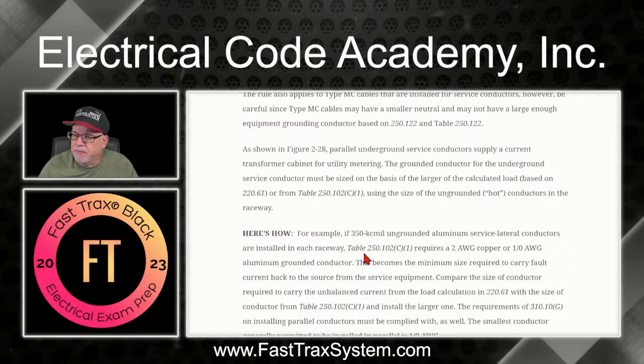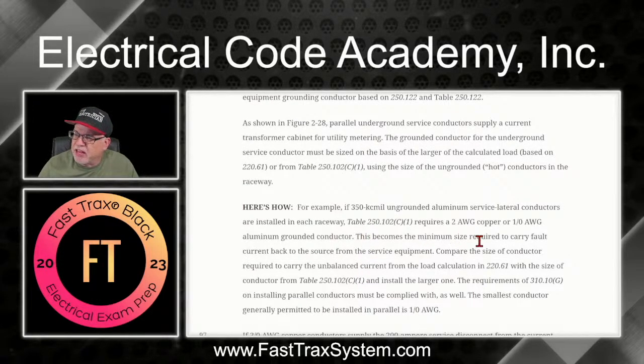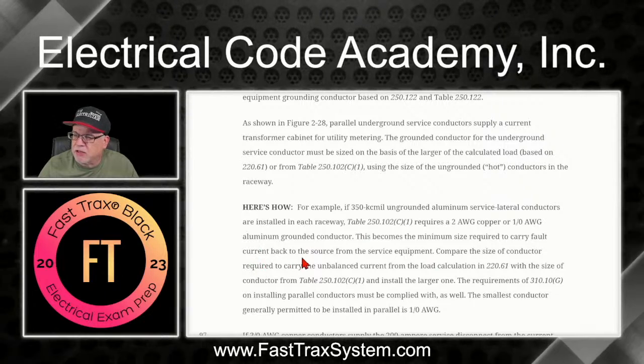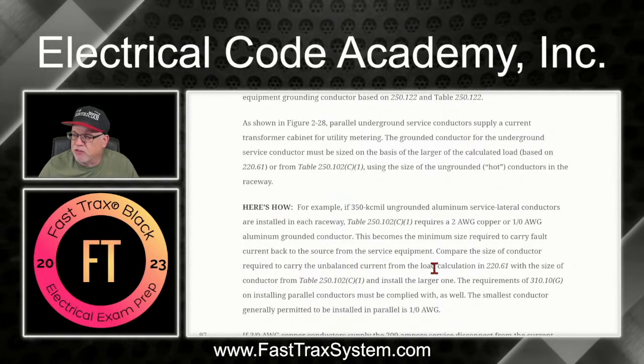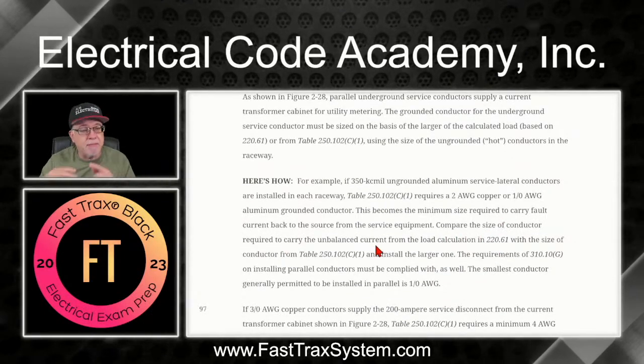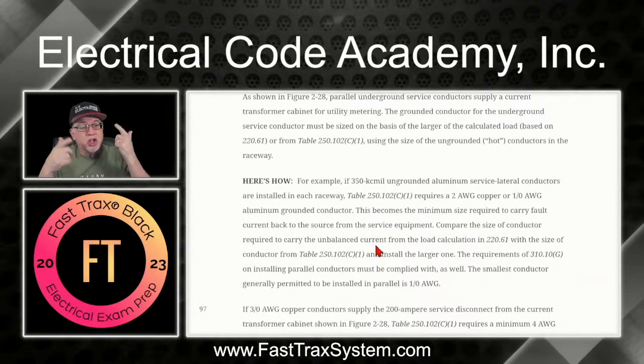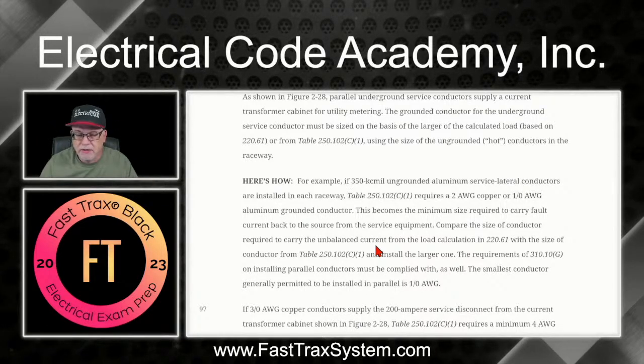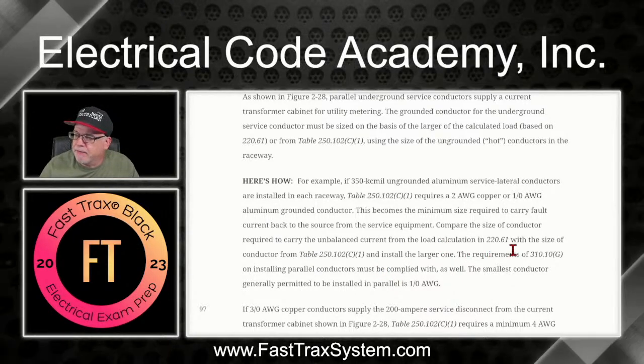watch now. This becomes the minimum size required to carry fault current back to the source for the service equipment. Compare the size of conductors required to carry that maximum unbalanced load. So remember, you had to do a load calculation, right? Don't forget that. Now, at this point, you'd think you're done, all right?